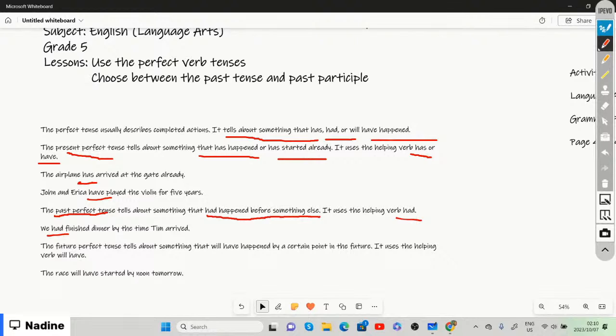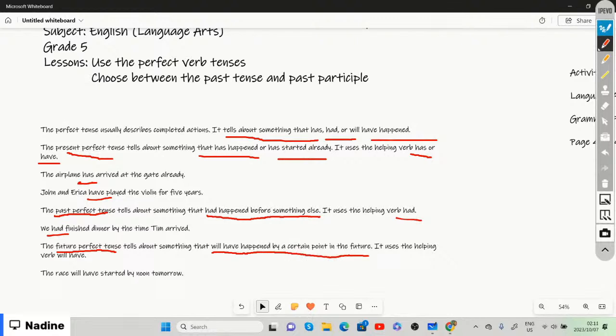And then we have the future perfect tense. Future, meaning it did not start yet. The future perfect tense tells about something that will have happened by a certain point in the future.